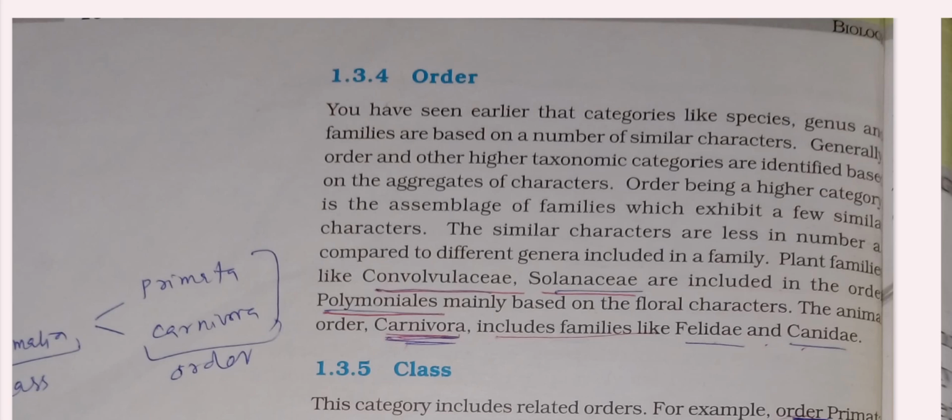For plants, Convolvulaceae and Solanaceae are included in the order Polemoniales, mainly based on floral characters. The animal order Carnivora includes families like Felidae and Canidae. You can give the example that the school assembly is like the order. Then comes class.